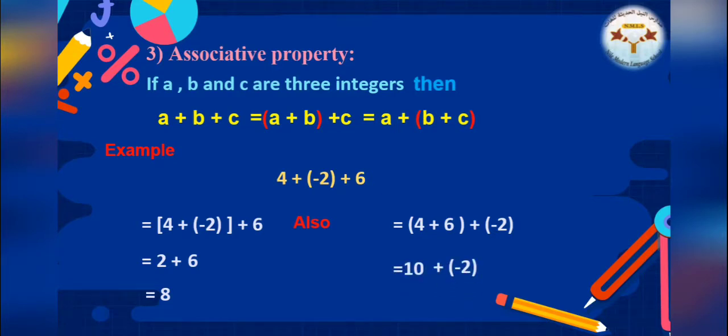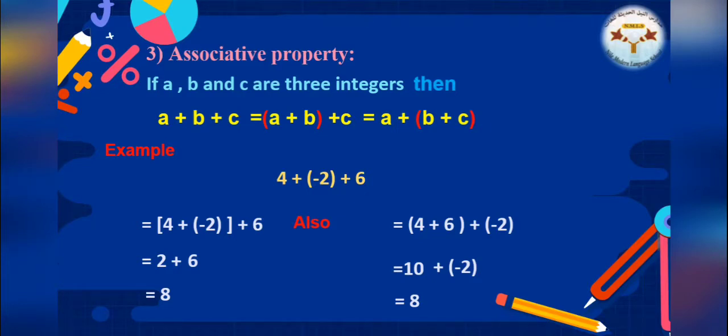So 10 minus 2 equal 8, and 10 is greater, so the answer is positive 8. So both answers are 8, so there is no change in the answer if you group any numbers you want. So the addition has the associative property. When you see these brackets, it is the associative property.